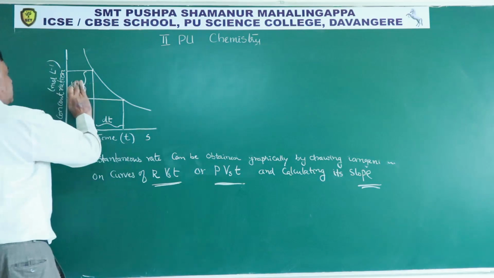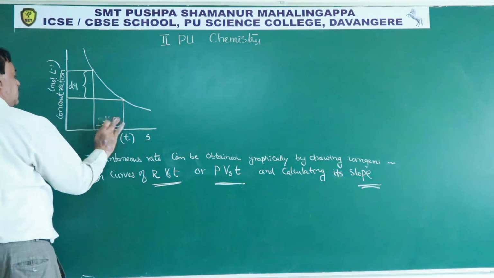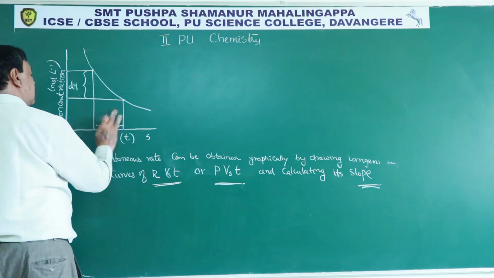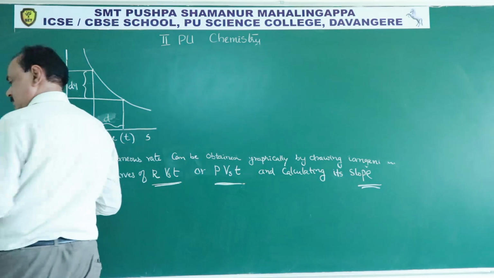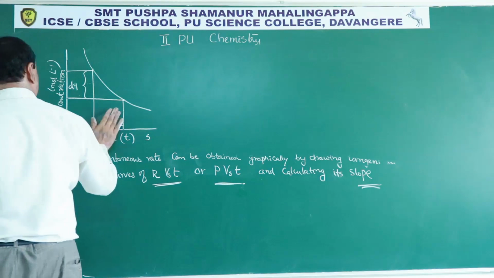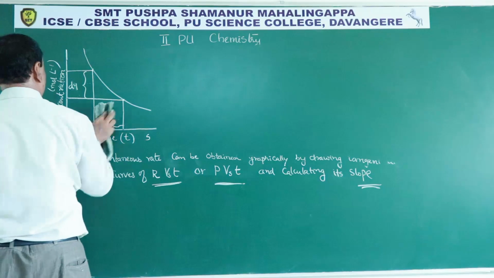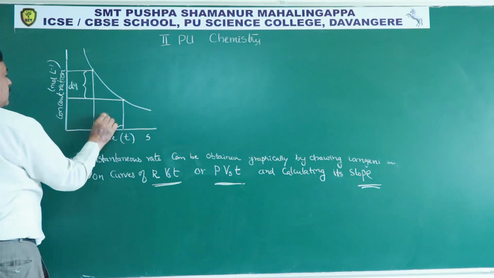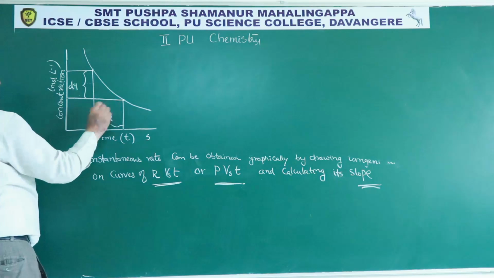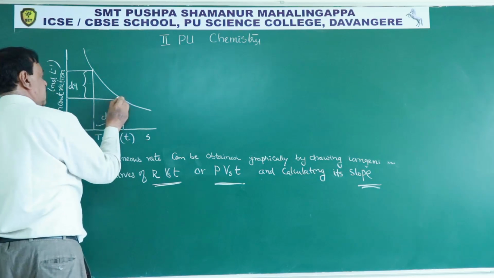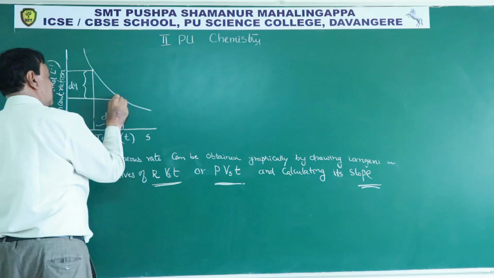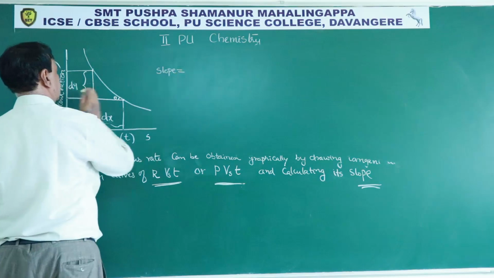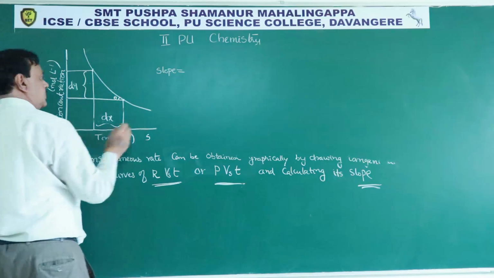Assume this is dy and this is dx. Slope is dy by dx, that is tan theta. Suppose this is theta, then slope is equal to tan theta, the opposite side divided by the adjacent side.